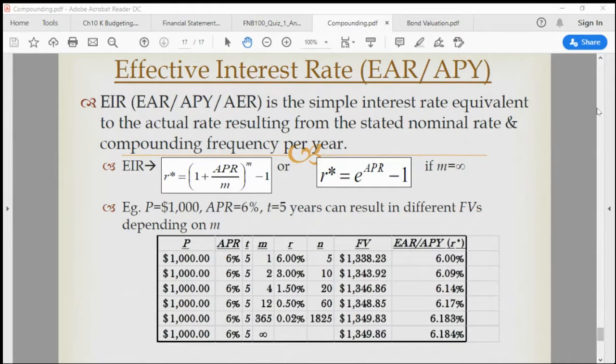So therefore, all the short-term interest rates are basically tied together with the Fed funds rate, right? And for long-term interest rates, we did this in quiz one, long-term interest rates are based on the 10-year Treasury note yield, right?